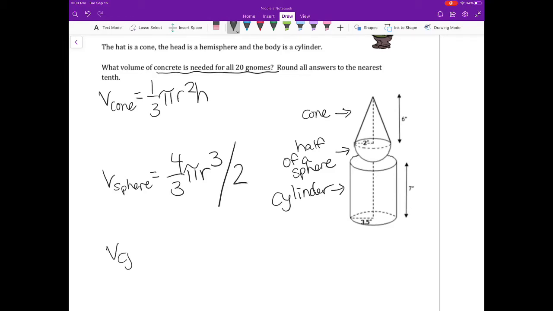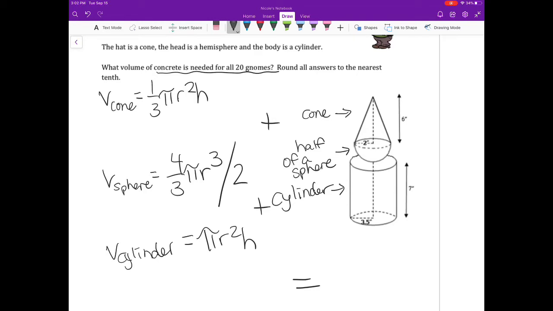And then the volume of my cylinder is pi r squared h. Once I do the calculations for these, all I'm going to do is add these volumes together to figure out the total volume of the entire composite object.